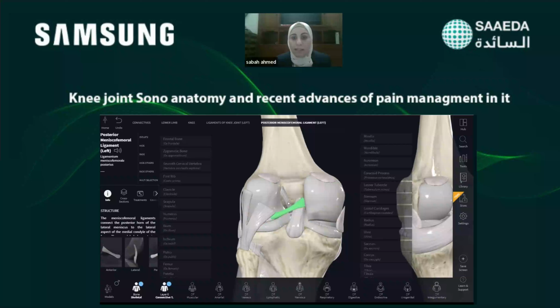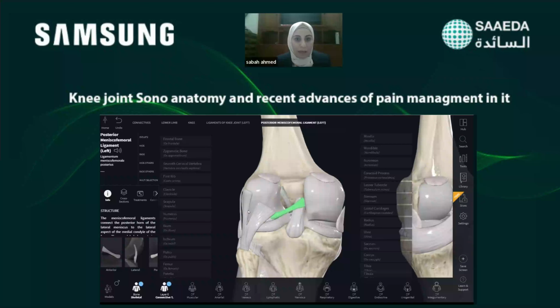This is called the meniscofemoral ligament that runs from the meniscus toward the femur. The anterior band is called the Humphrey type and the posterior type is called the Wrisberg type. So the posterior cruciate ligament runs between these two ligaments.